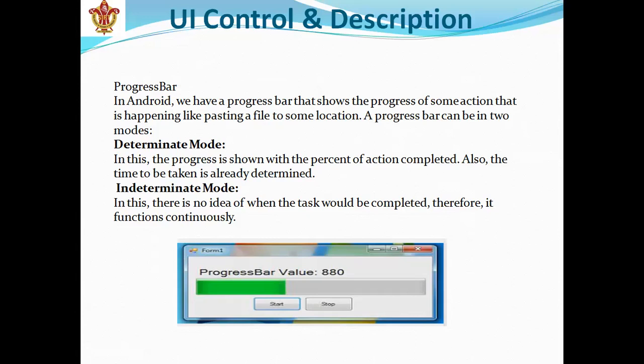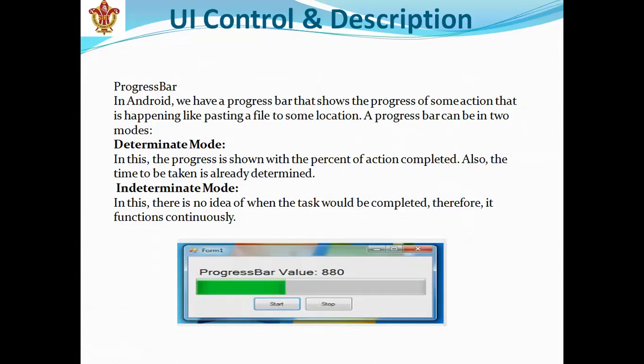Determinate means you can see the action in the form of percent, meaning 10% completed, 20% completed, 100% completed. And in the indeterminate mode, you can't see when your task would be completed, there is no percentage shown in the progress. When you copy your folder or your Excel sheet from one folder to another folder, you can't see the progress of copying, the speed of copy, or how much time is left to copy.